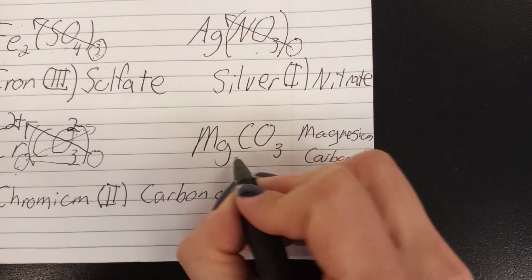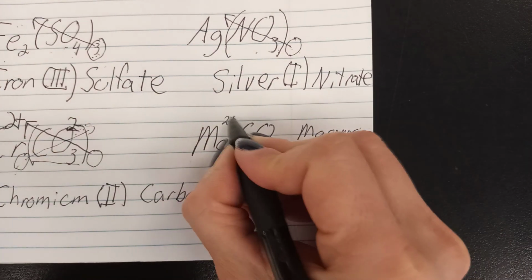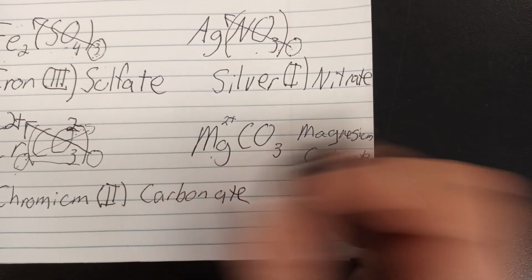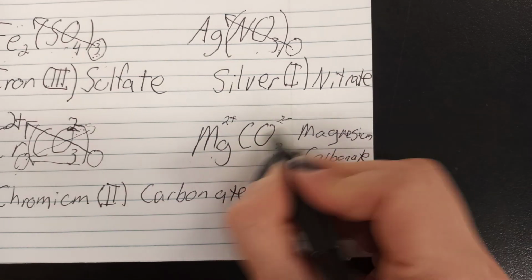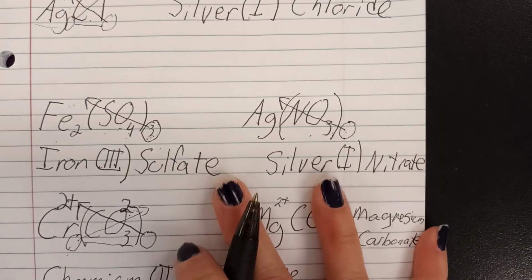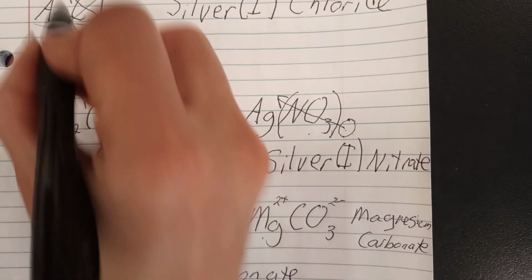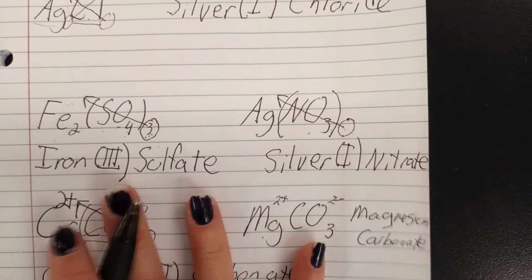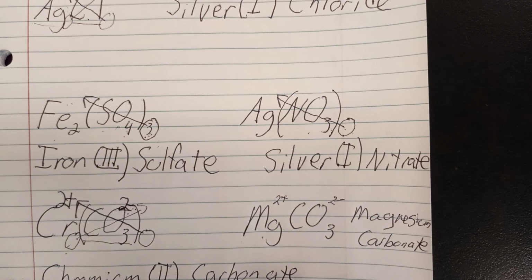You'll see that this one should have been a 2+. Magnesium has a 2+ oxidation number, and this was a 2-. They reduced too, but we just don't even care. We didn't have to watch for that. The only time you have to fight this battle to figure out what the oxidation number on anything is is when you have a transition metal. Okay? Good luck.